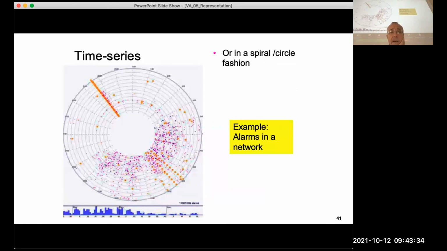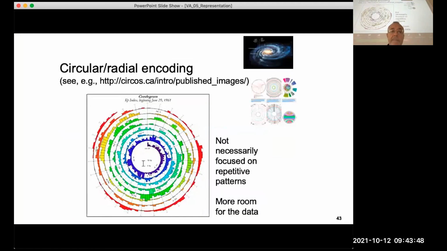Having a circular or spiral visualization is done not only to highlight repetitive patterns, that is very powerful, but also to save room. Just this example. Here, there is some data, and there is no regularity on the radius. So they are not reflecting the same period of time.